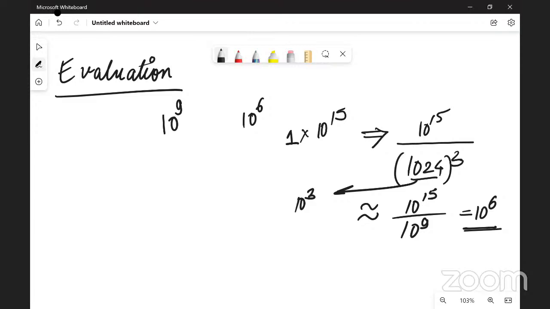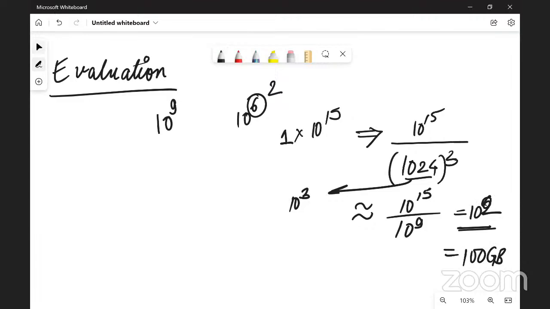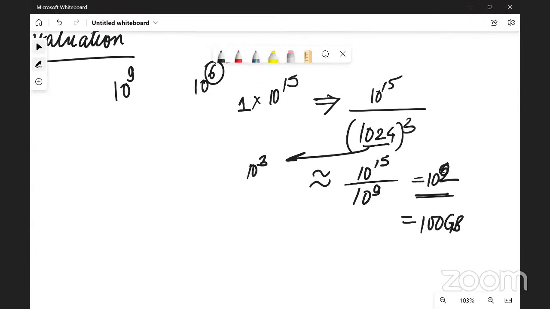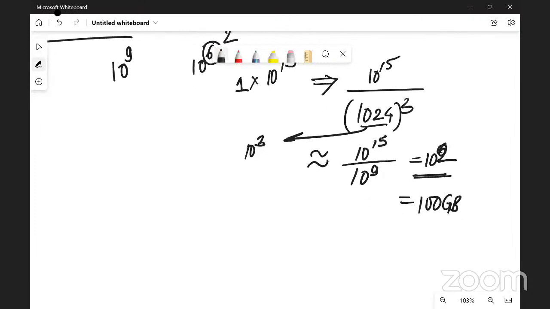Even if I reduce it, instead of 6, if I make it lesser, let's say 2, this turns out to be 100 gigabytes. So if you want to apply the normal equation method, you want to load the entire data set into memory. So you need a memory of this order, RAM, I mean.